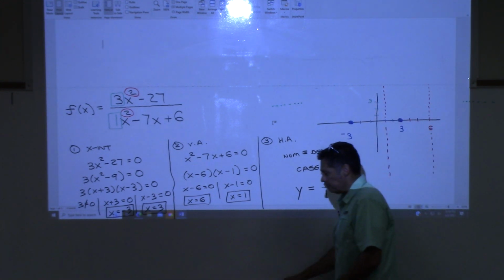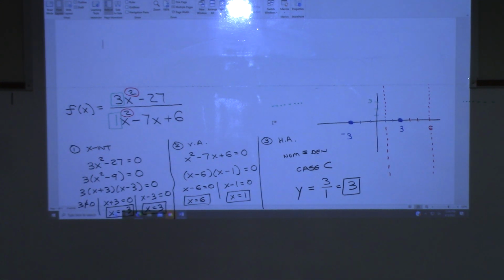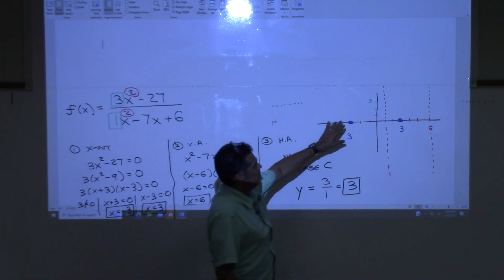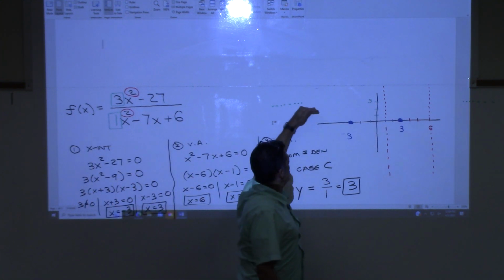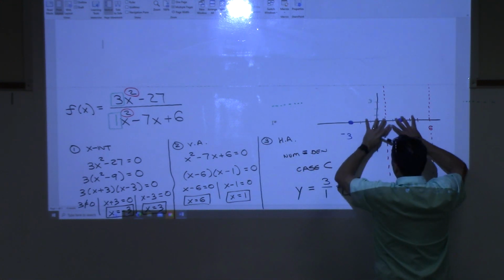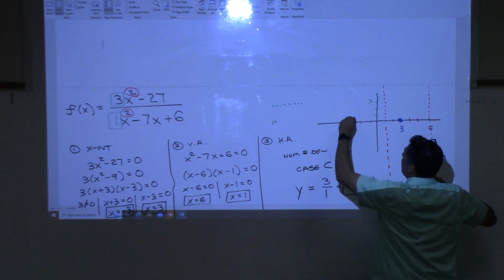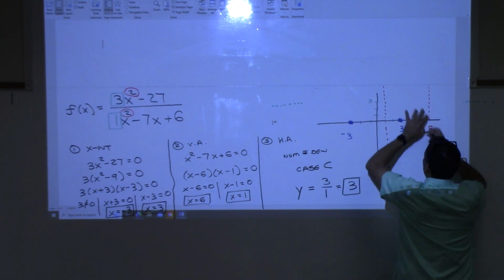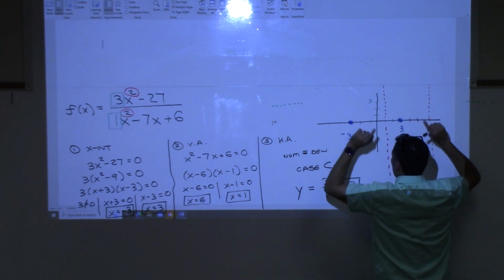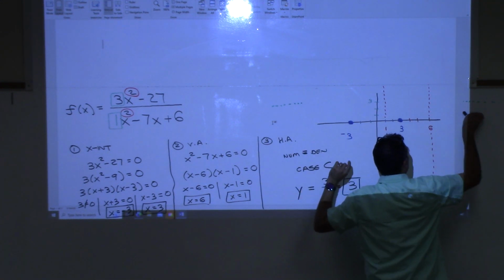Question? Yes? For the horizontal, when you draw at the edges, does it mean that any points in the middle you can draw? Yeah, my graph can go up here and down and do anything it wants to in here. All I know is when I draw it at the edges, I better magnetically get close to that, okay?